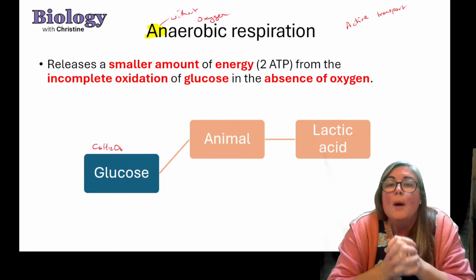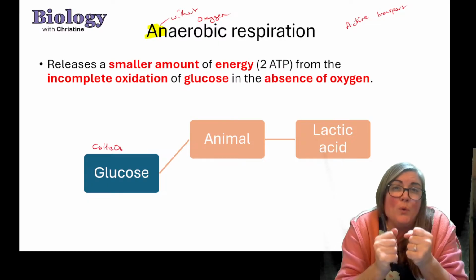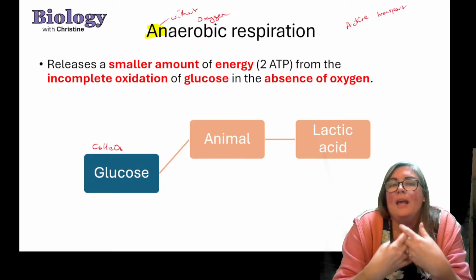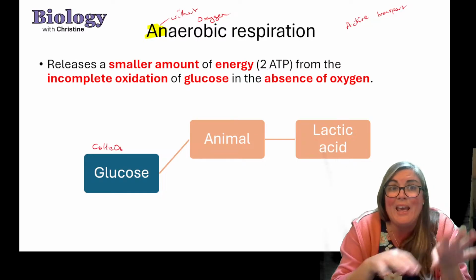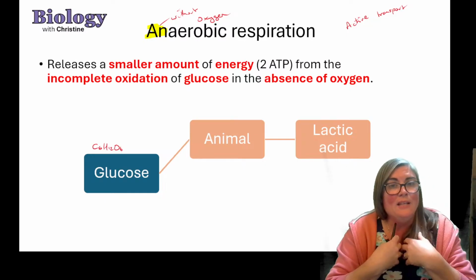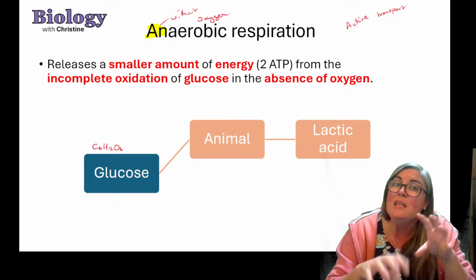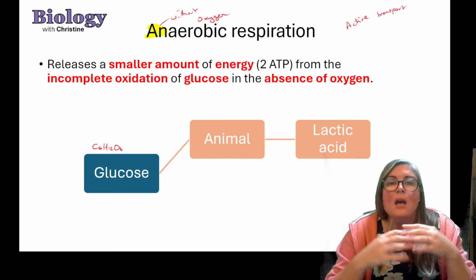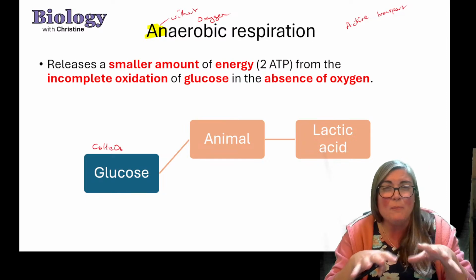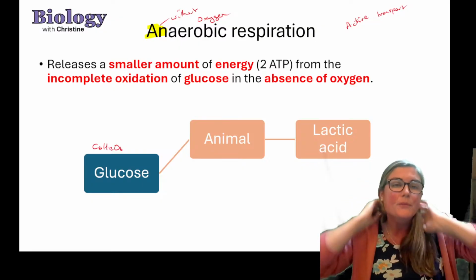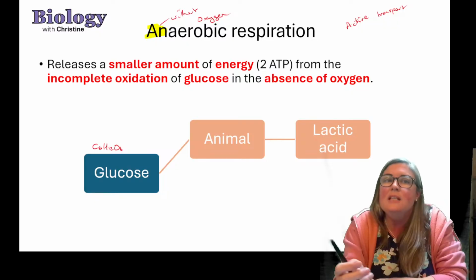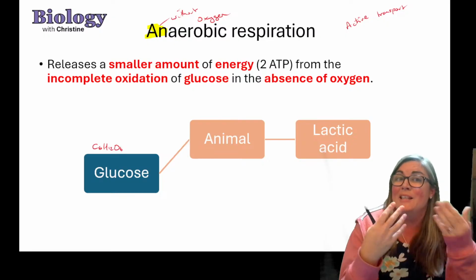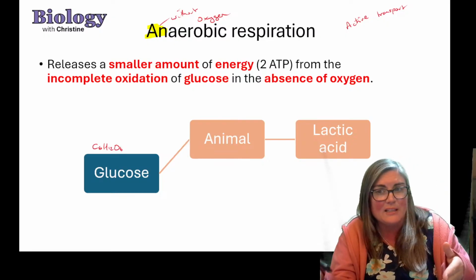It's really, really cold. My hands are absolutely frozen. So, as an endotherm, an organism that has to maintain my internal temperature, I may need to use the energy released to keep me at the right temperature, which is about 36.5 to 37 degrees C. So as animals, we need a supply of energy, and where does it come from? It comes from this anaerobic respiration, but produces lactic acid.